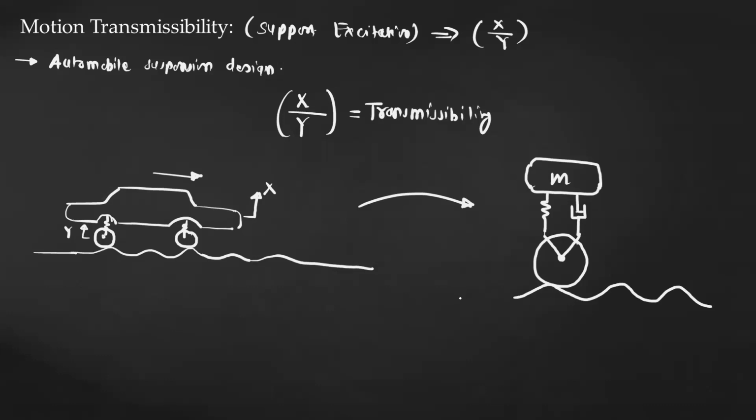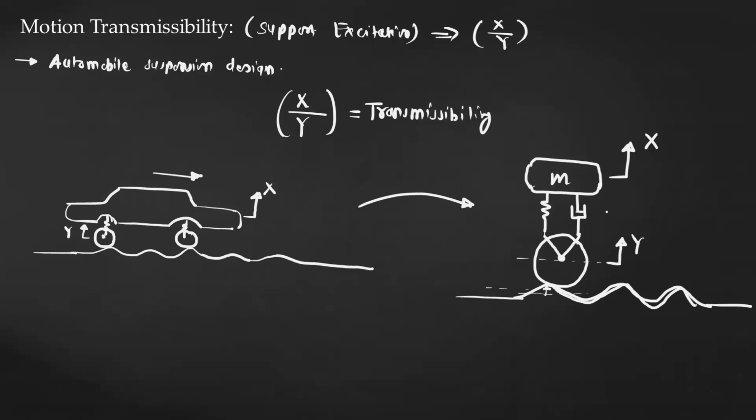And this is the road profile. So the displacement of the mass is taken as x, and displacement of the wheel is nothing but the y value. So theoretically, the wheel will receive the same displacement as the amplitude of this road profile. So this y value is nothing but the amplitude of this road profile. So this ratio x upon y is called as a transmissibility.